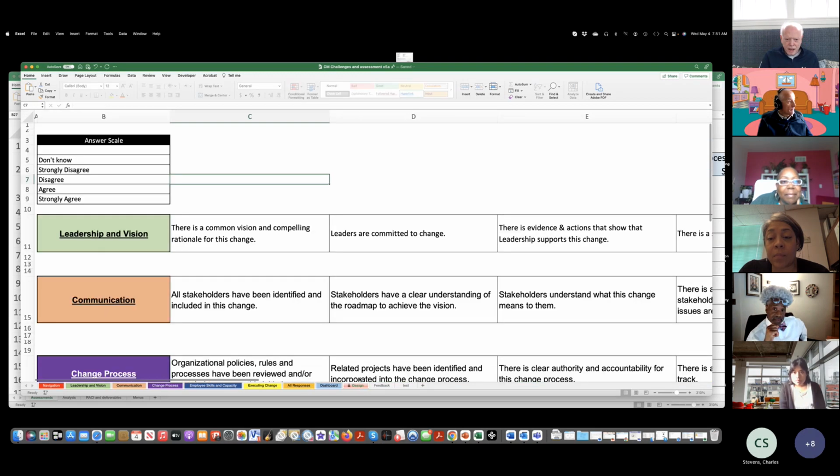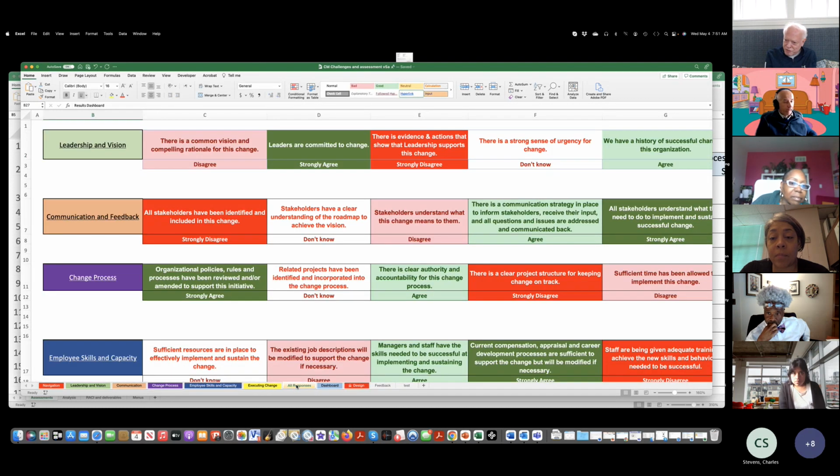You read off the question, there's a common vision and compelling rationale for this change, and then people put up their cards. Then you can see, is there a consensus, or are we close? And then you can have a discussion: why would you say that you agreed with the statement when everybody else is saying you disagree?